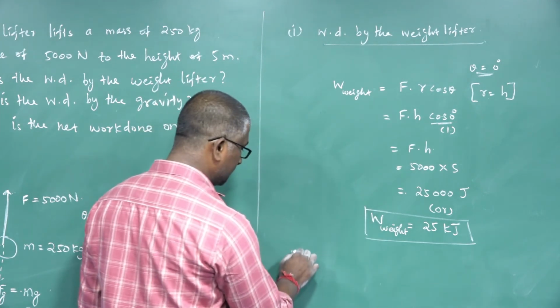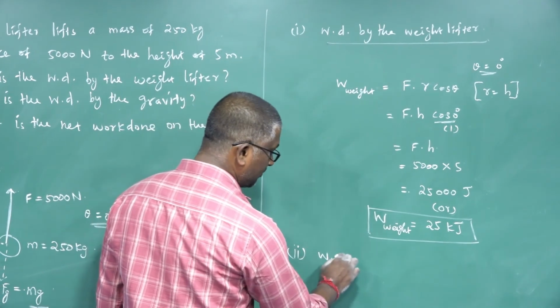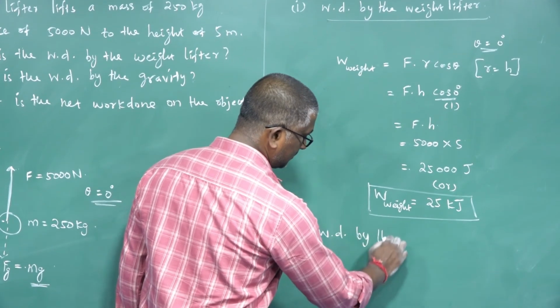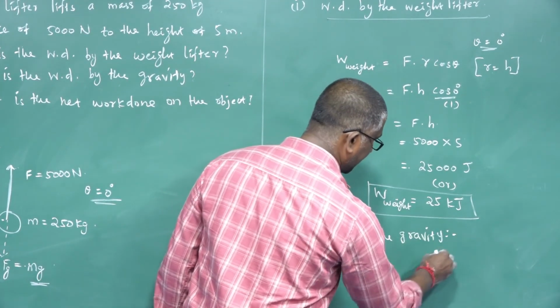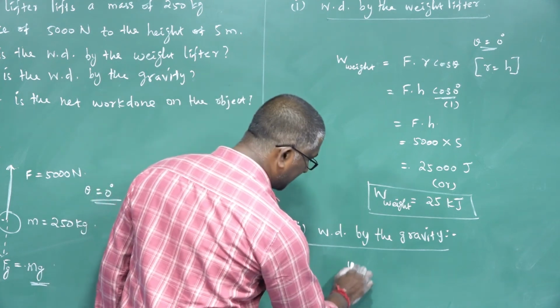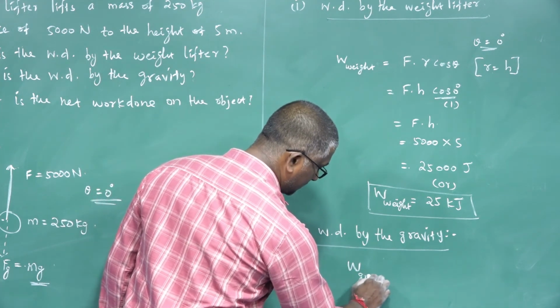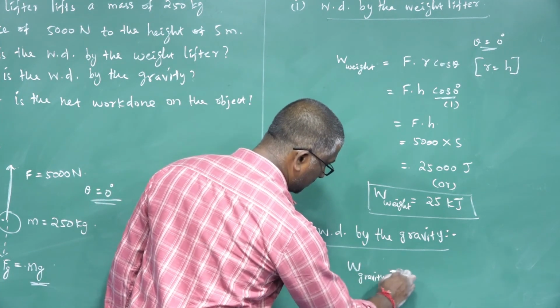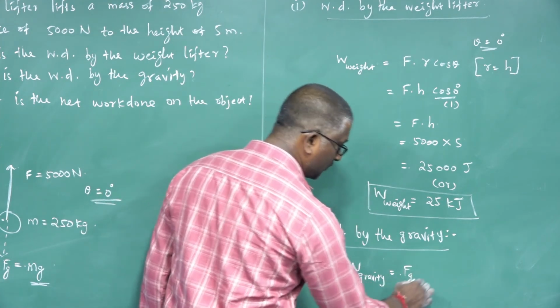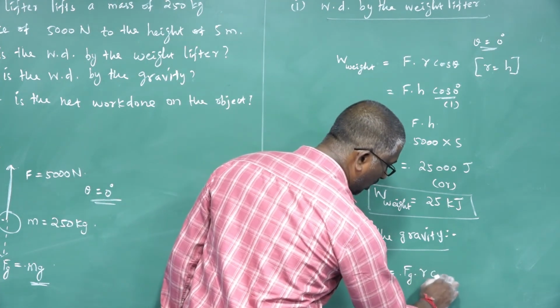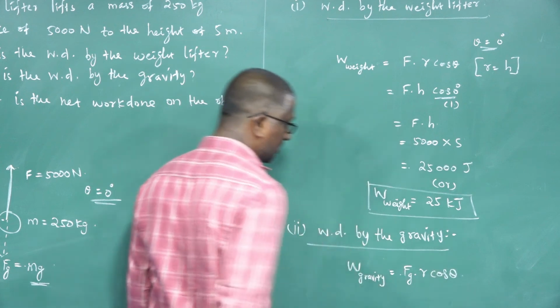Second, work done by the gravity. Work done by the gravity is taken as W suffix gravity, which is equal to gravitational force F suffix g into R into cos theta.